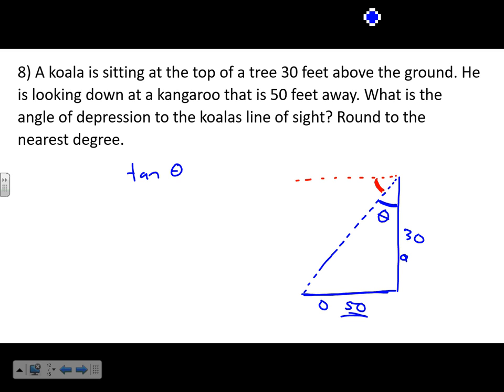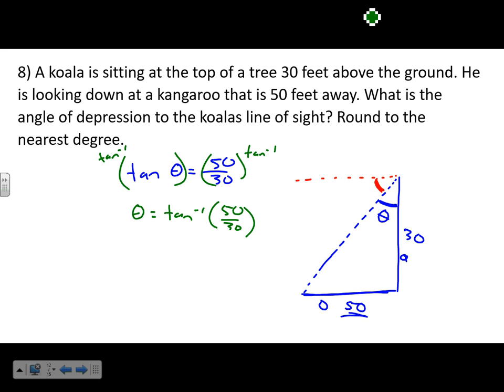Tangent of theta is equal to the opposite over the adjacent. So again, we're doing the inverse tangent. So theta is the inverse tangent of 50 over 30. That ends up being 59 degrees, and it says, again, round to the nearest degree.